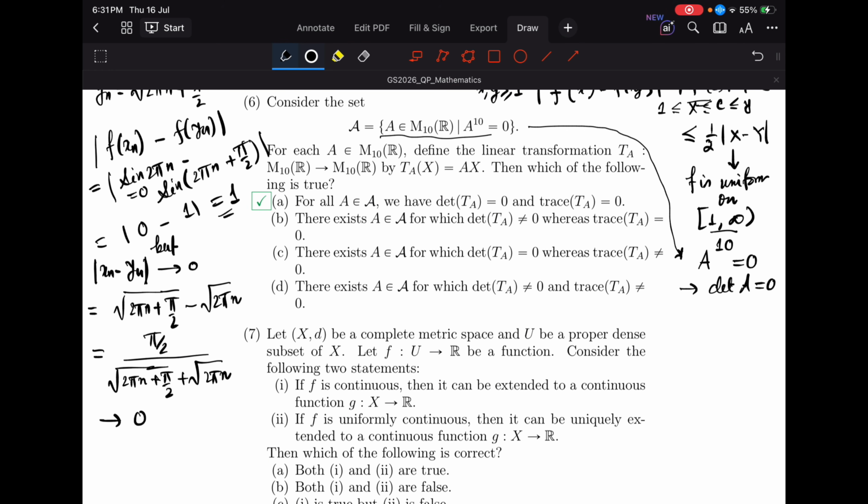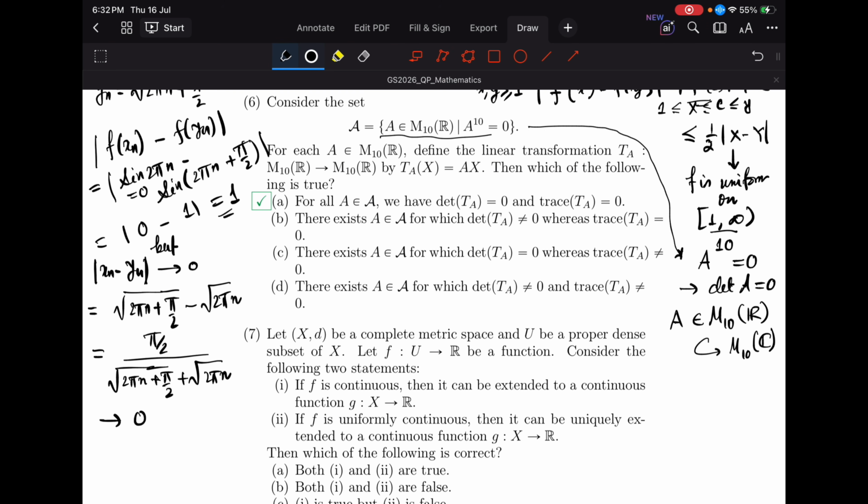But for finding the trace, we can just look at the embedding of A. So A is an element of M10(R). So you can just look at the image of that inside Mn(C), right?